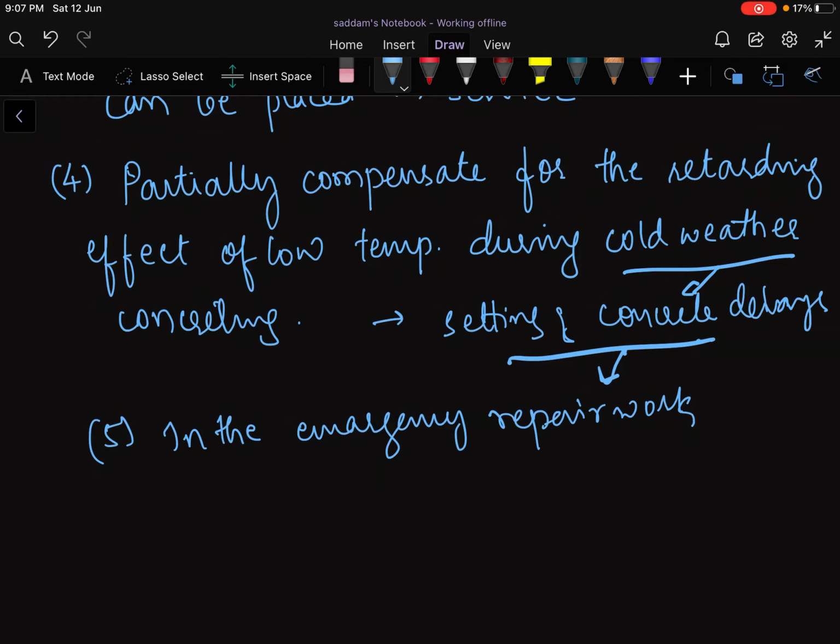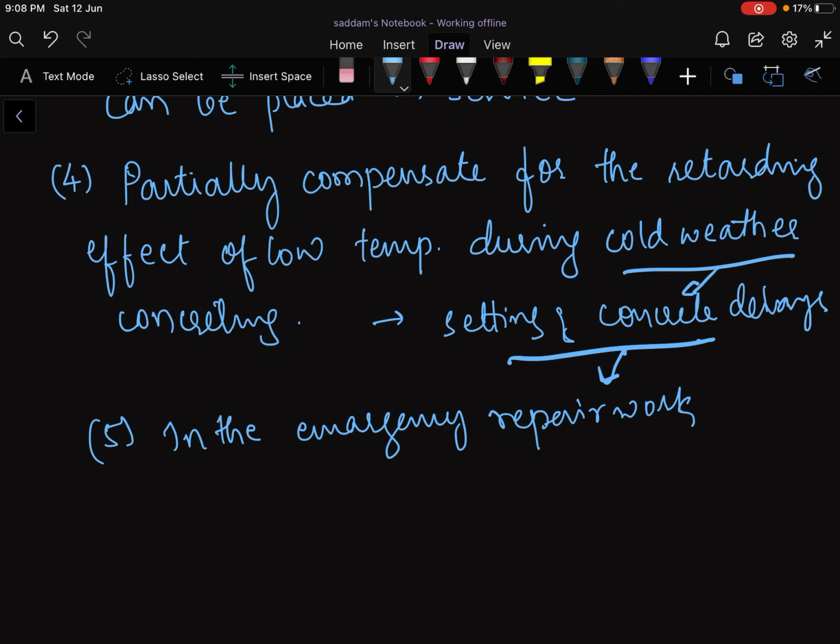In the situation where the repair work has to be carried out as early as possible to avoid trouble for human beings or for any other purposes, where attention is required as soon as possible, we can use the accelerating concrete so that setting of concrete takes place early, and that structure or road or any other infrastructure can be brought to service as early as possible for the people. Okay, this is the situation where accelerators are used.